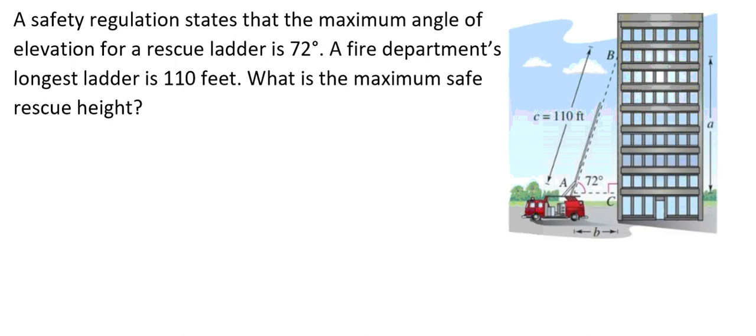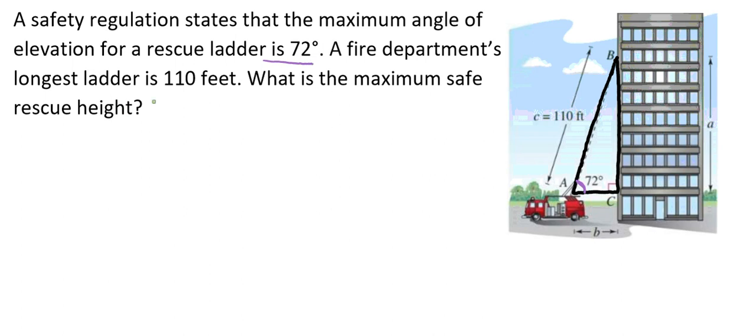So in this particular instance, we see our triangle that is created here. That is our triangle. Given that, we have an angle of interest of 72 degrees, which is the maximum angle of elevation for our rescue ladder.